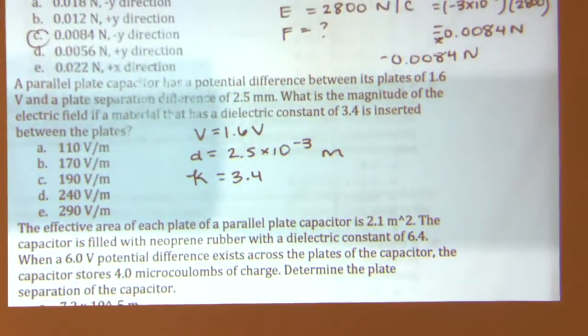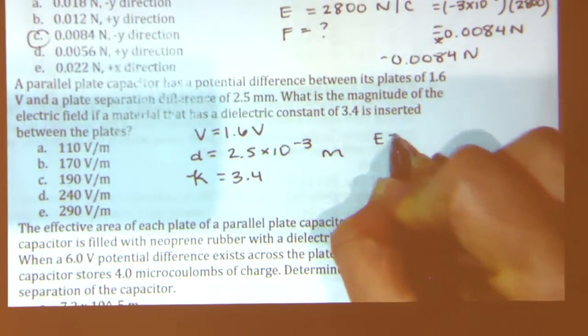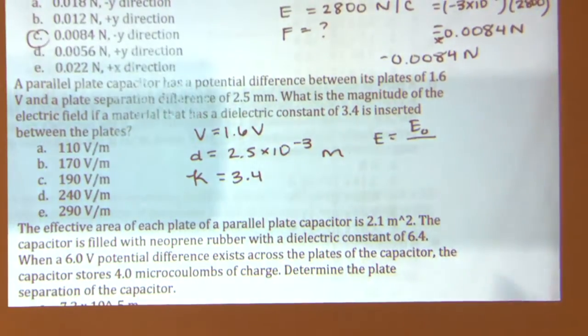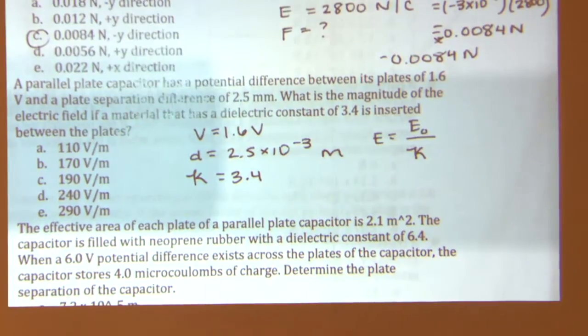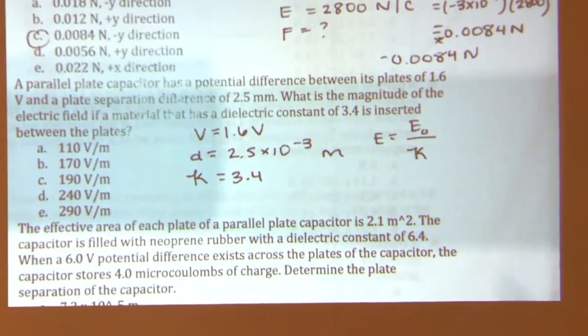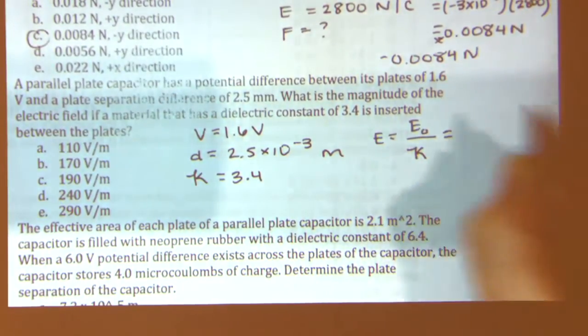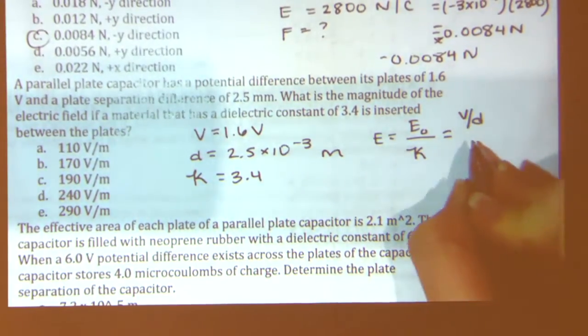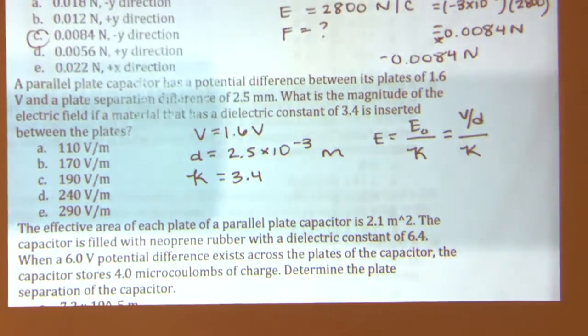And we know that our electric field is equal to our peak electric field over our dielectric constant. That is a formula that should be on your formula sheets. And the peak electric field is also equal to voltage over distance. So we can kind of plug that in.